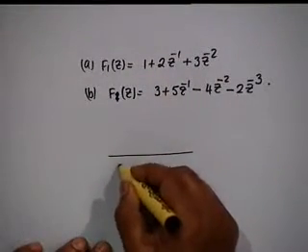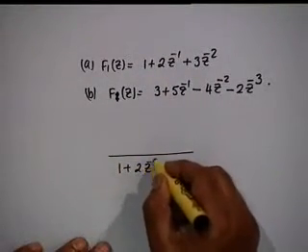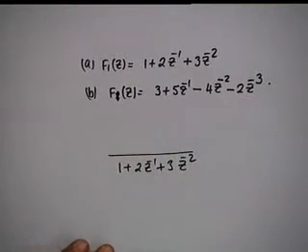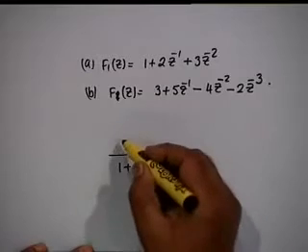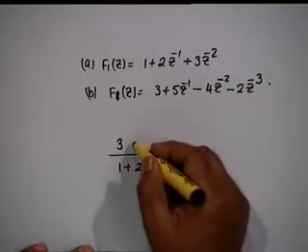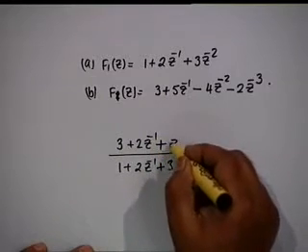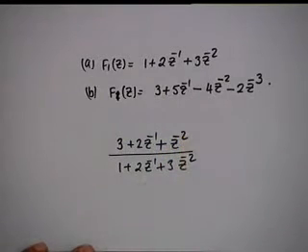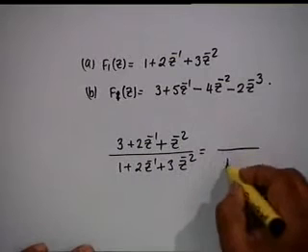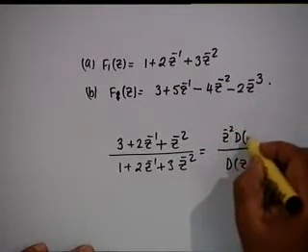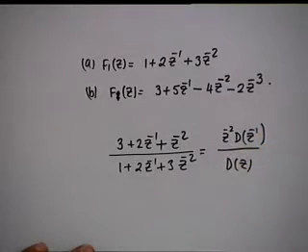Now, if I want to make an all pass function out of this, 1 plus 2z inverse plus 3z to the minus 2, do not worry about stability. Then my function obviously shall be 3 plus 2z inverse plus z to the minus 2. Now, if this is D(z), then obviously this is z to the minus 2 D of z inverse.